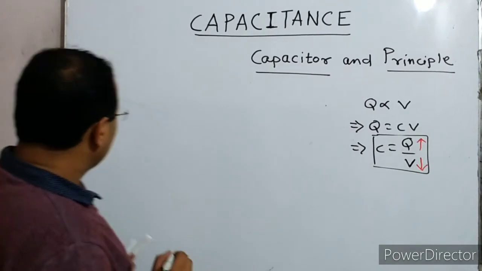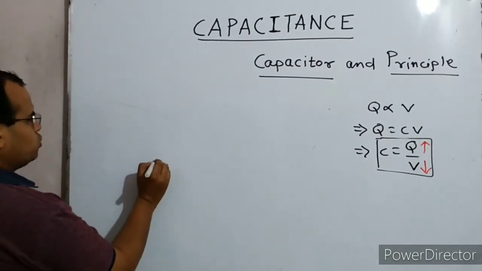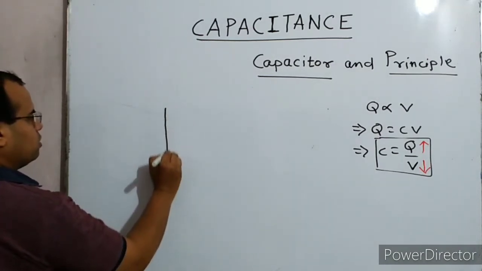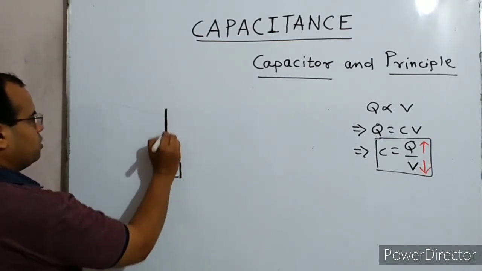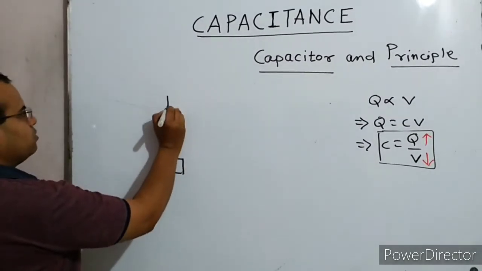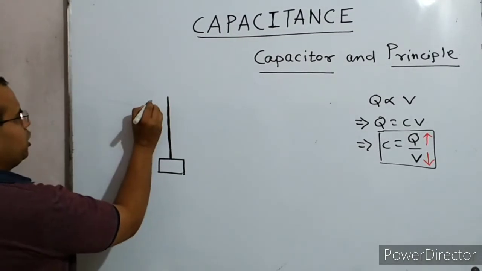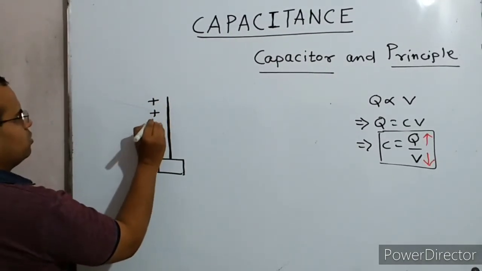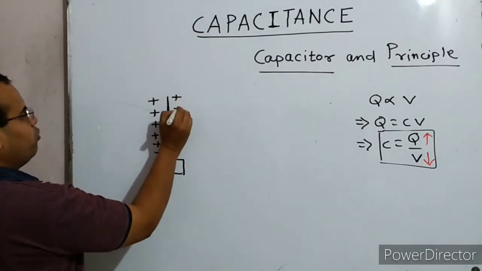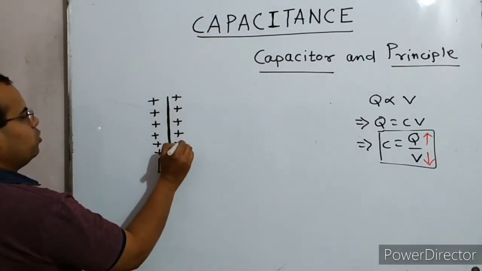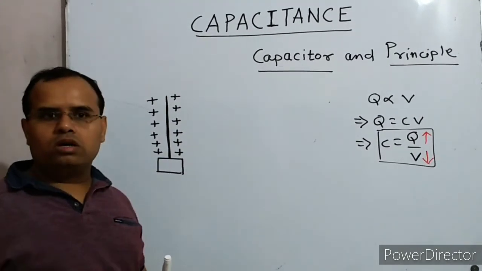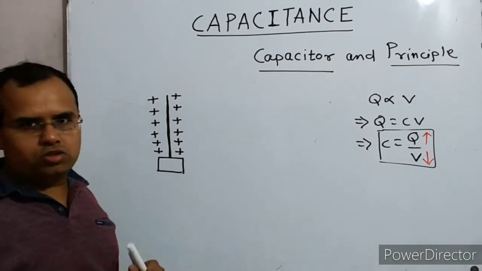Suppose there is an insulating stand over which there is a metal plate, and we are providing charges to the plate. We are following the first rule: to increase the capacitance, we provide more and more charges to the conductor.